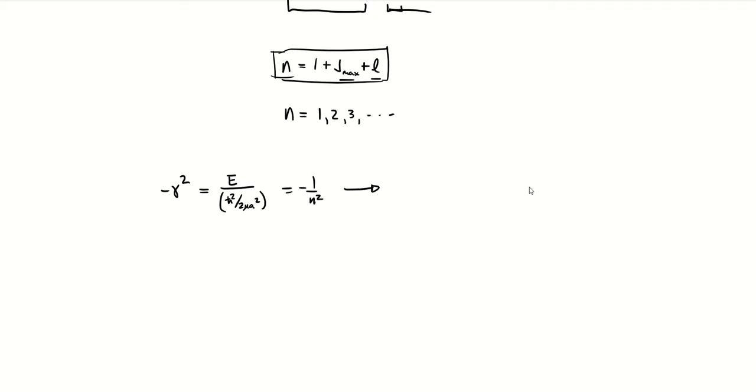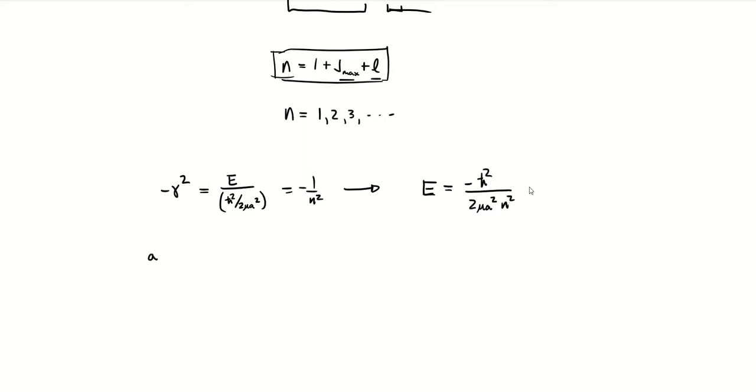So we can solve for that energy, and the energy of our hydrogen atom, our system, is going to be equal to negative h bar squared over 2 mu a squared times n squared. So that energy is going to involve that principal quantum number.